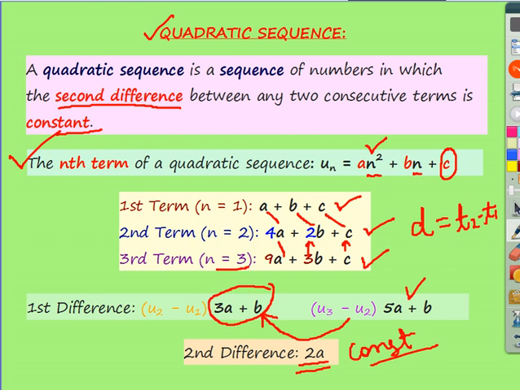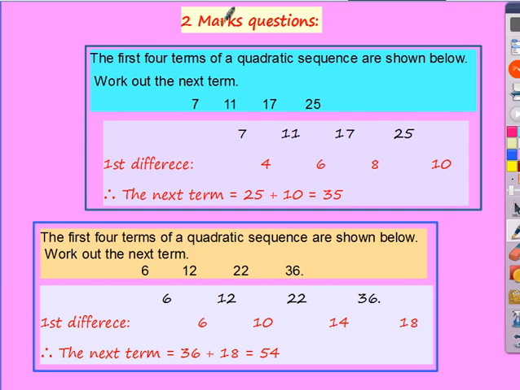Let us begin with a 2 mark sum first. So this is the question where they ask that the first 4 terms are given to you and they are asking the next term. So it's easy. If you see 7, 11, 17, but there is no common difference. 7 plus 4, but 11 plus 6 and 17 plus 8.